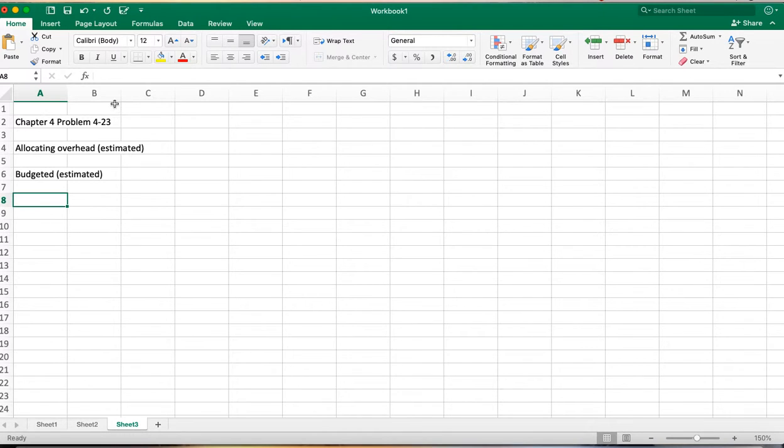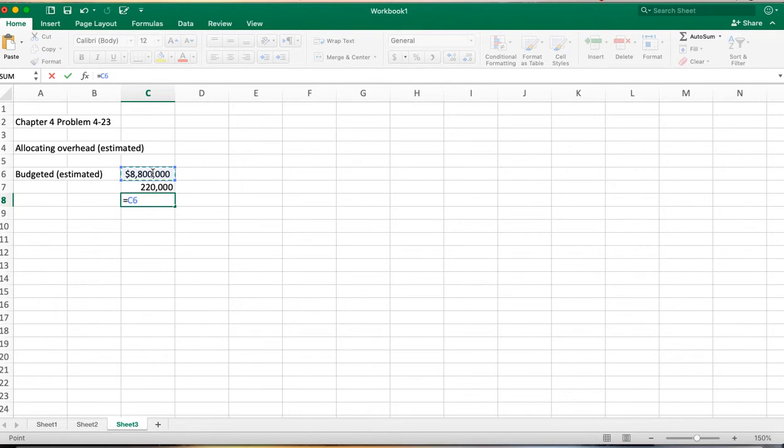So our budgeted rate would be our budgeted amount, $8,800,000, divided by our budgeted driver, which is 220,000, and so our budgeted rate would be $40, and this is per direct labor hour.